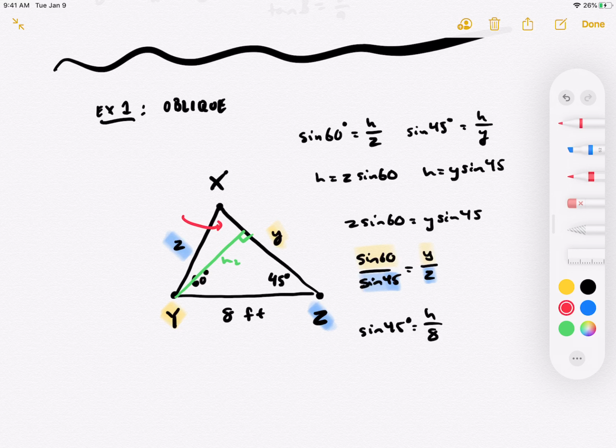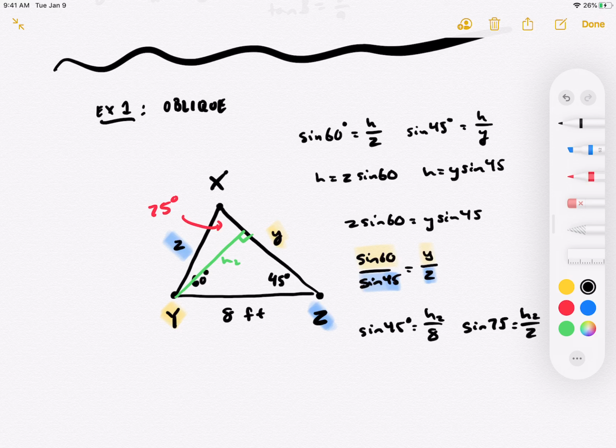You can't hide a single angle in a triangle. If y is 60 and z is 45, that adds up to 105, and that leaves exactly 75 degrees for angle x. So I can now say that the sine of 75 is equal to h2 over z.